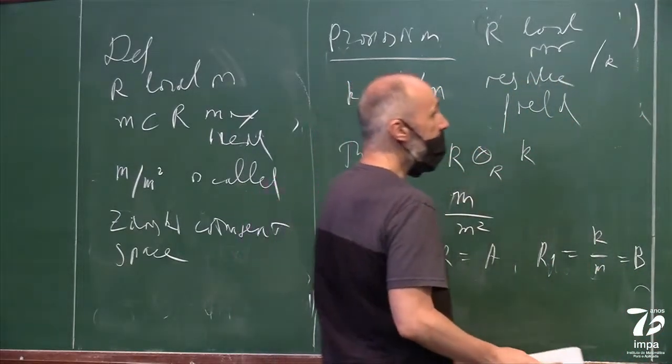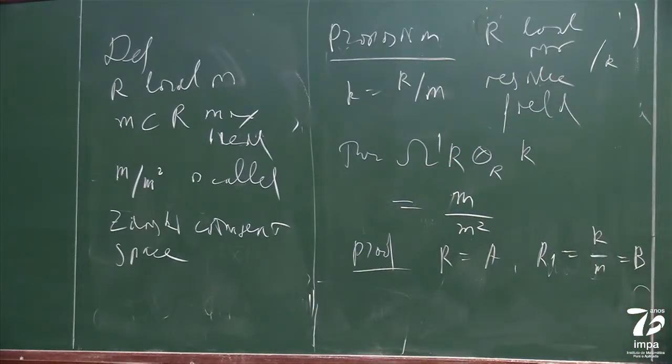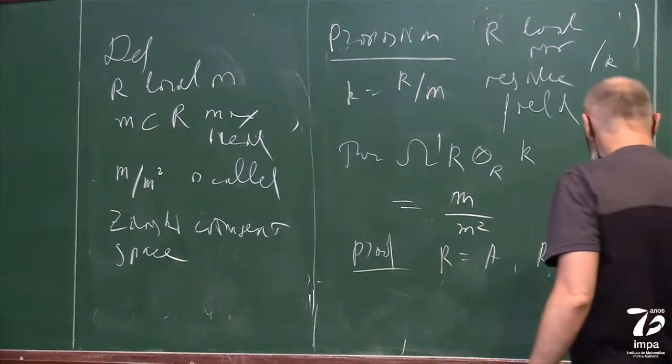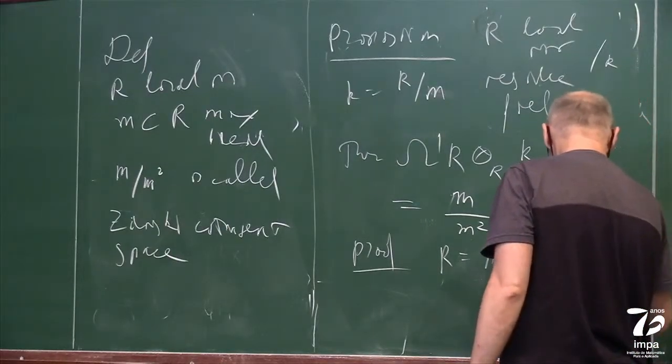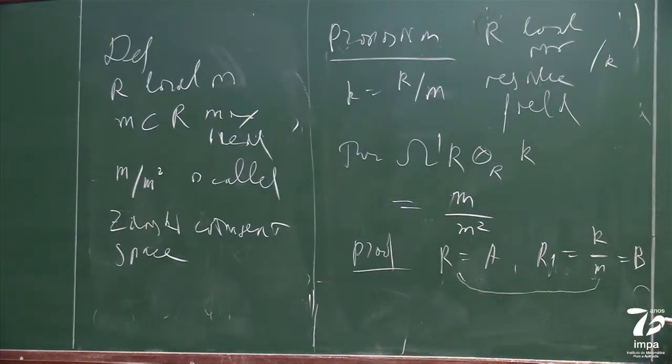This gives us an exact sequence, which is written there, starting from K mapped to R. So this exact sequence is exact on all sides.